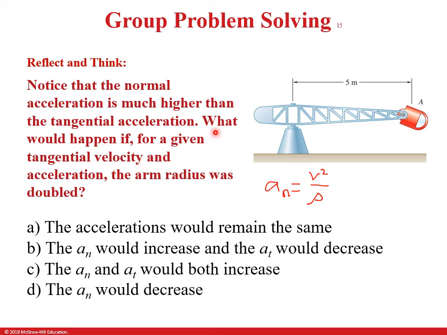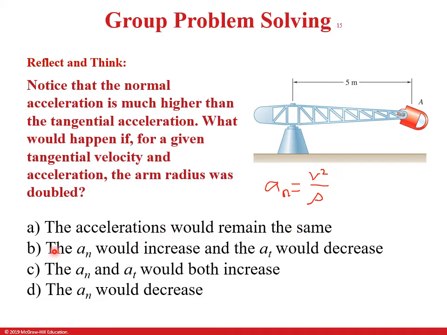So what would happen if, for a given tangential velocity and acceleration, the arm radius was doubled? The normal acceleration would go down, and the tangential velocity and acceleration would remain the same, because it's literally in the question. So tangential acceleration should stay the same, so we know it's not B. The accelerations would remain the same?